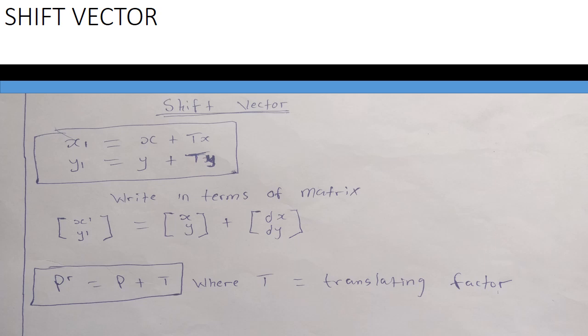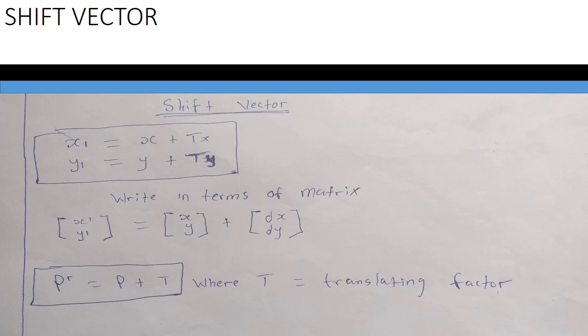So we write them in terms of matrix. As we said earlier, we should write those x1, y1, x, y, dx, dy into matrix form.